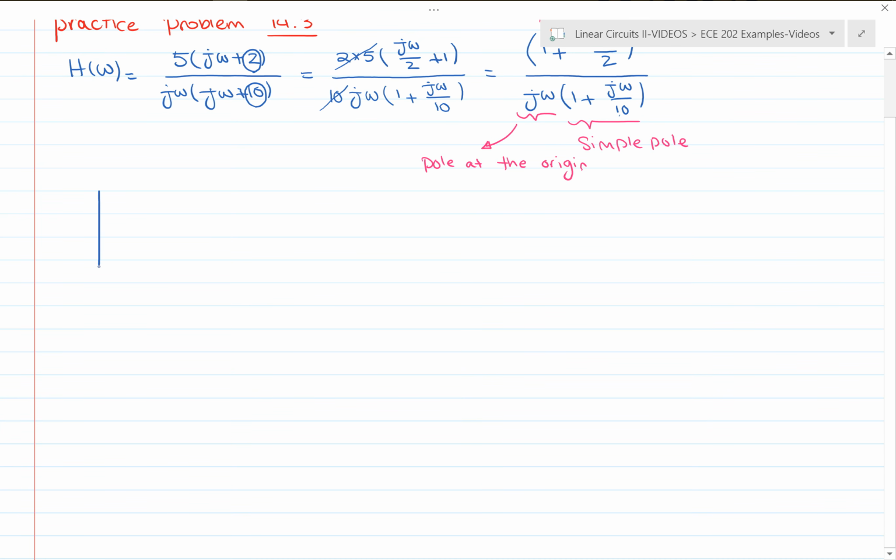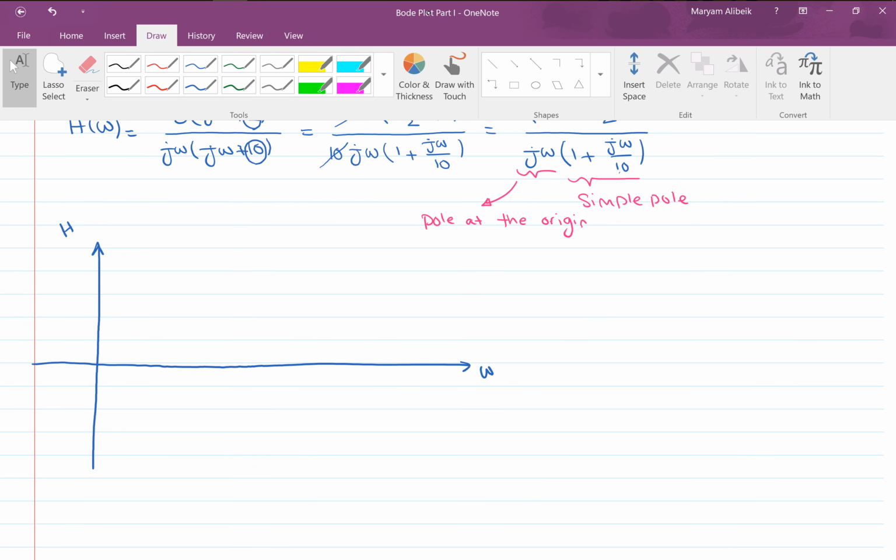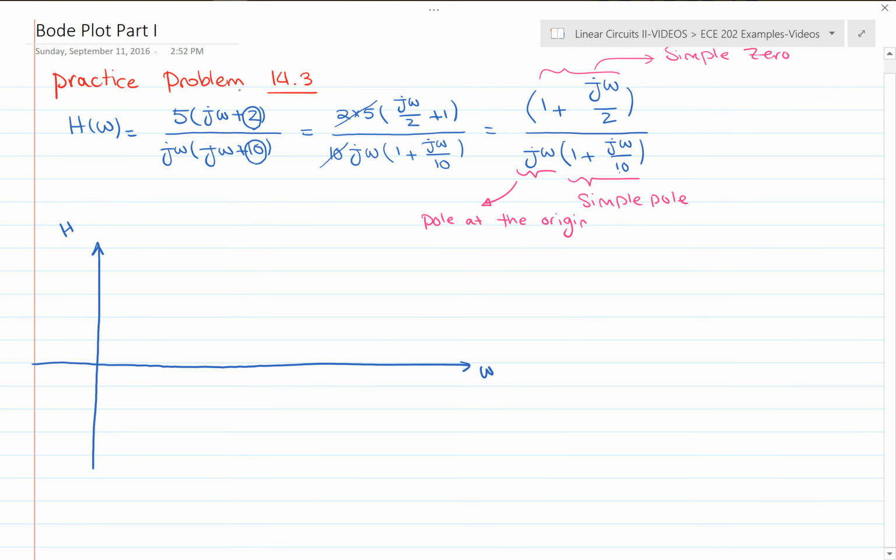Alright, so for the magnitude plot, you remember that we said in sketching the Bode plot, we have to sketch each of these factors individually and then add them graphically. So I'm going to draw each of these factors with one color and then add them graphically for finding the magnitude plot of the Bode plot.